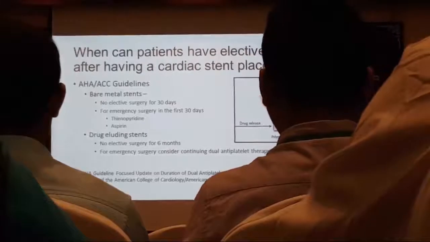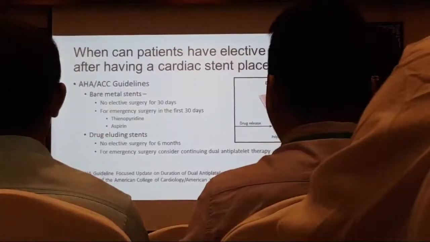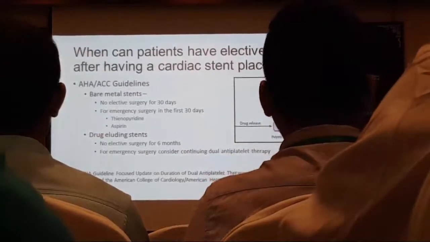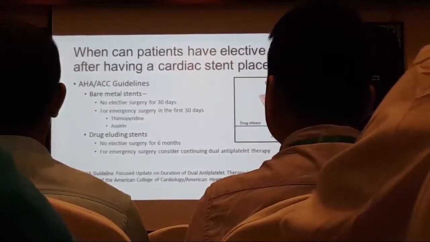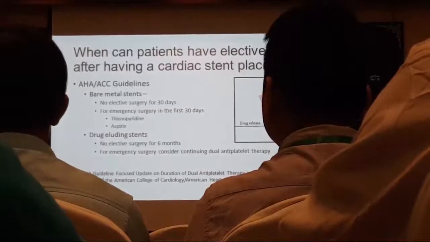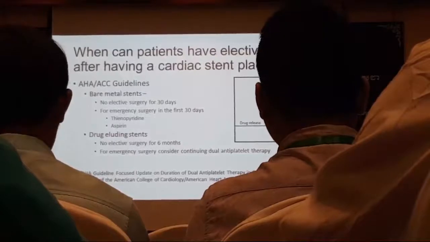He had had drug-eluting stents placed in May, and came to us in June. He had bad gallbladder disease, and he wanted to have his gallbladder out. We recommended that he wait for a year before he had his gallbladder out, unless we needed to do it emergently. So those are some of the recommendations for stents.